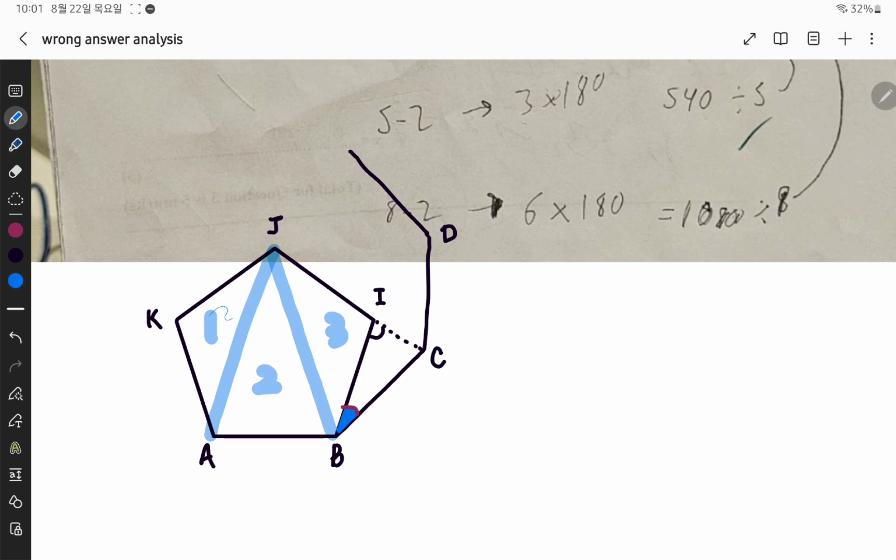So what do I mean by that? Each triangle is going to be 180 degrees internally, right?